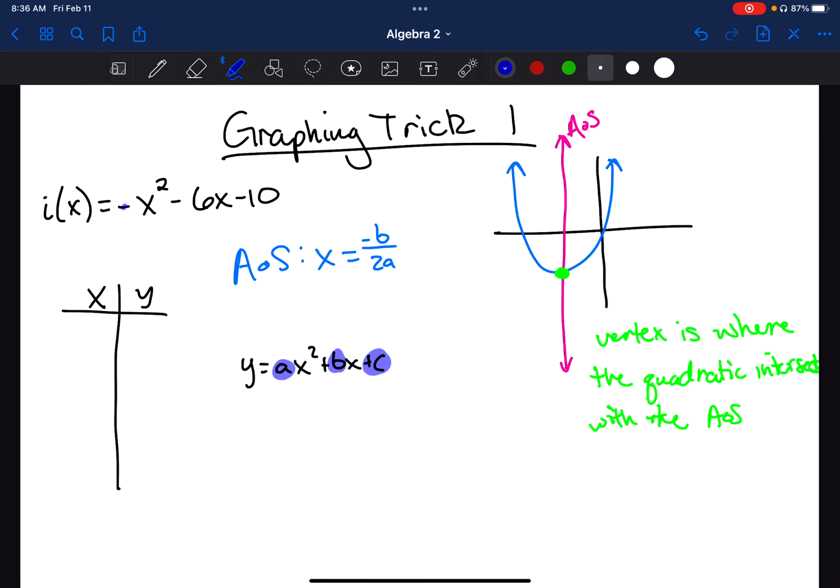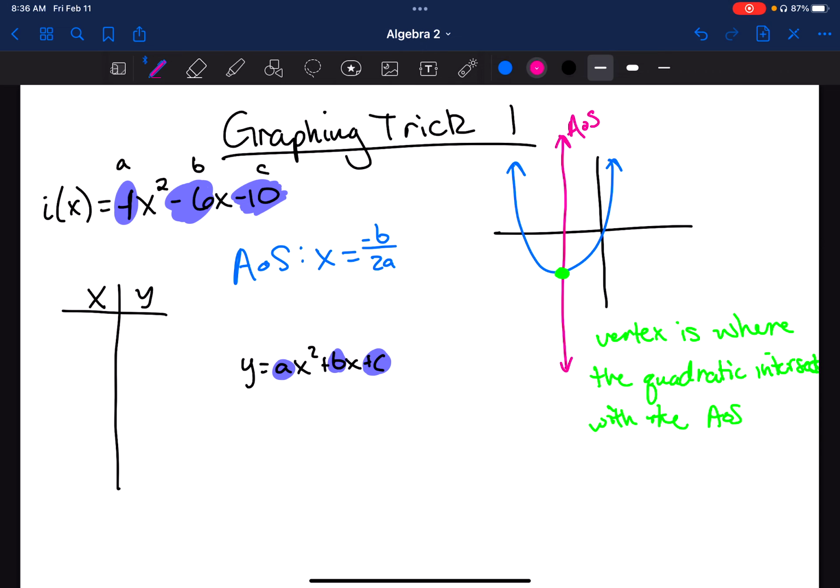So here we have this -1, the -6, and the -10. And I said this was a -1 because technically there's a little phantom 1 there. So in this formula, we have our a, b, and c values, and we're going to plug those things in to this formula here.